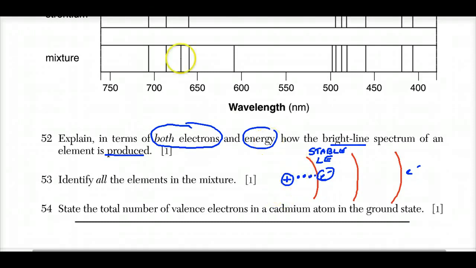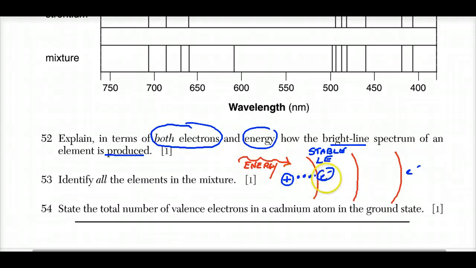Now, if I was to give this electron some energy, like a flame from a candle or a burner, if I gave it some energy, now this electron has enough energy to overcome this electrostatic force, or the positive pulling force, right? Positives and negatives attract. Electrons are negative.